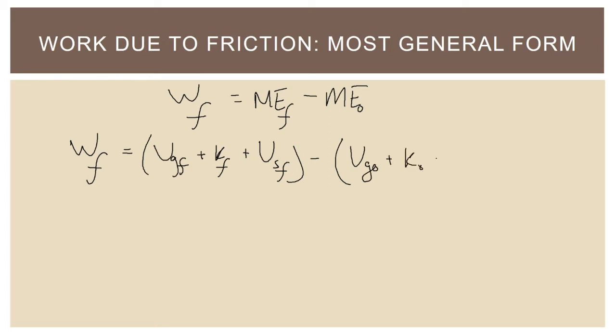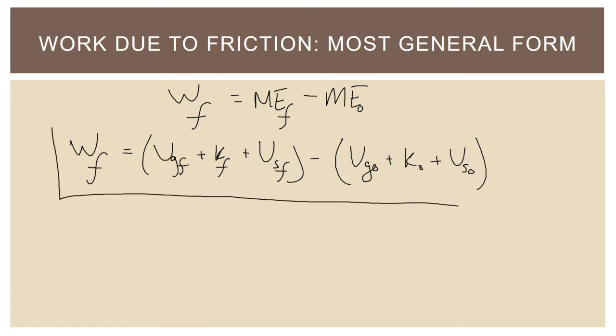Now, in almost every single problem you're ever going to see in this course, a lot of these 6 types of energy here, and by 6 types, I mean the 3 individual types, but the final and the initial version, a lot of these are going to end up being 0 for any particular problem. But it's important to realize this version of the equation, like we said, is extremely generalized.